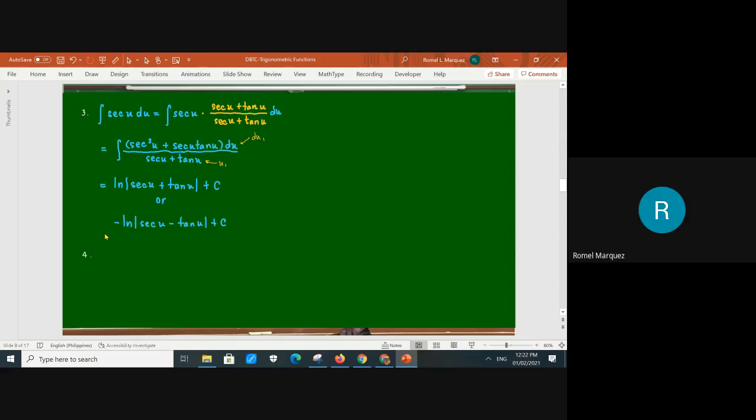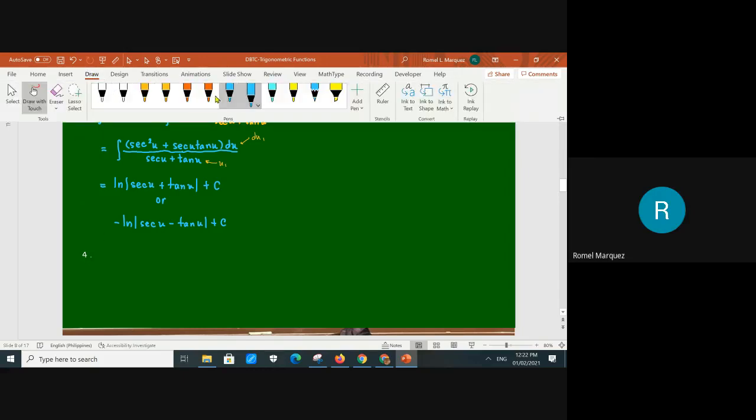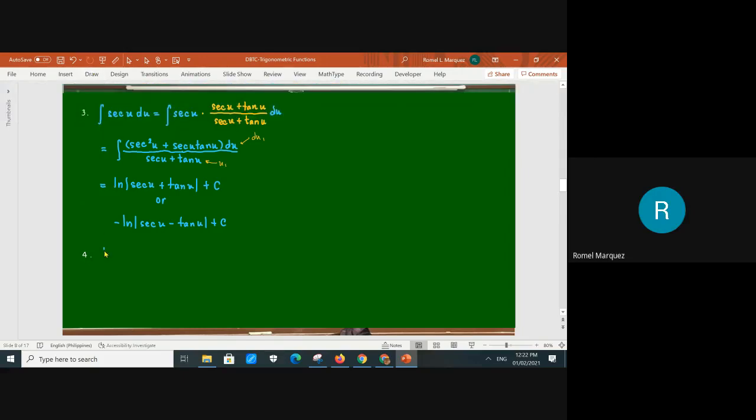Number 4. We have the integral of cosecant u.